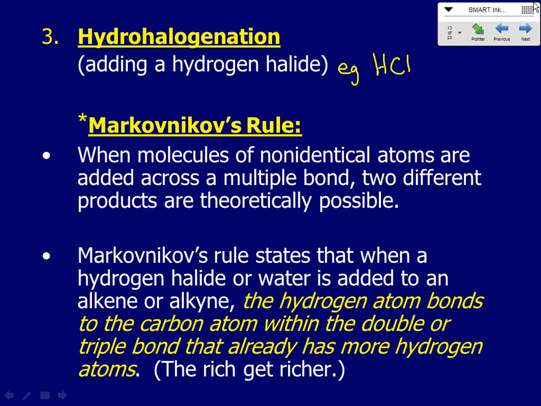This course is not expecting you to delve into that stuff; you will be learning it when you continue on to organic chemistry. For us, the rich get richer. The hydrogen goes to the carbon that has the most hydrogens. And it's called Markovnikov's rule.